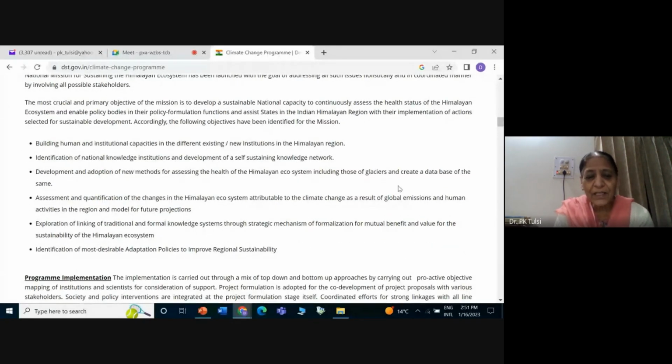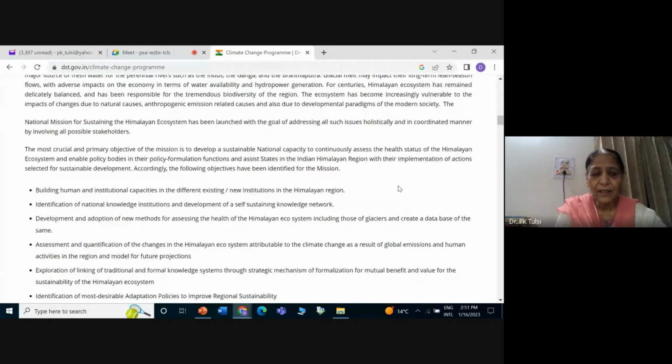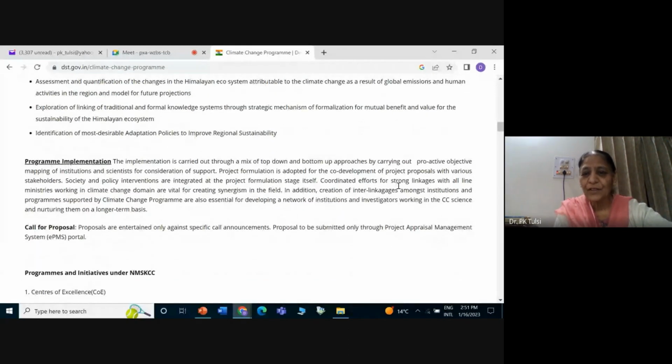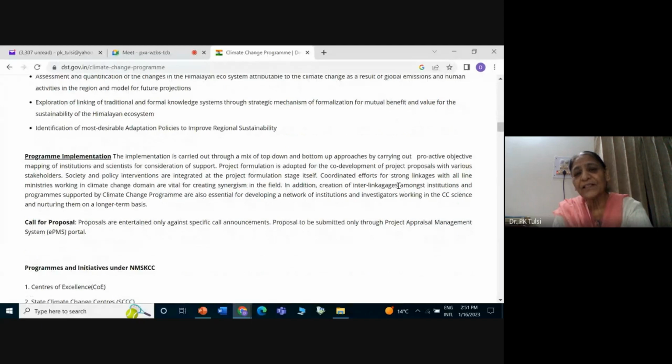And if these missions are to be accomplished, then the programs are announced by the Department of Science and Technology and they call for proposals.